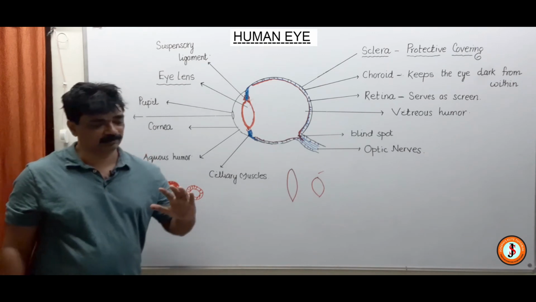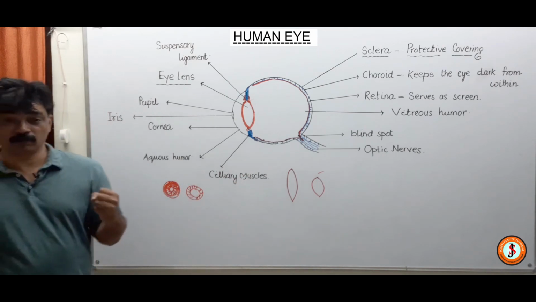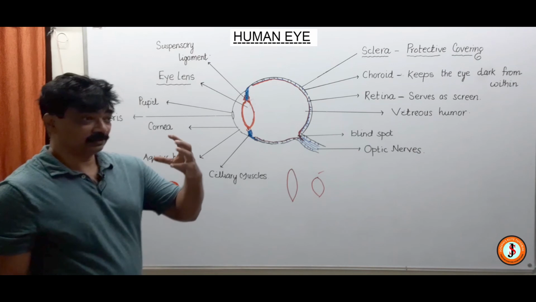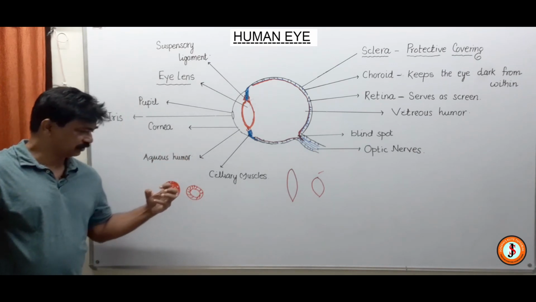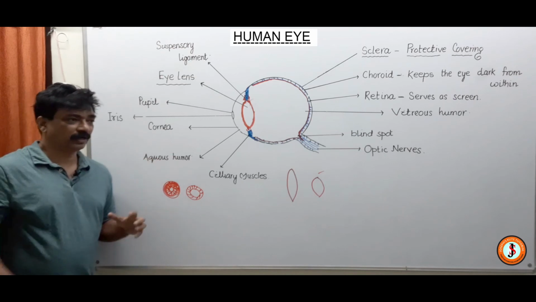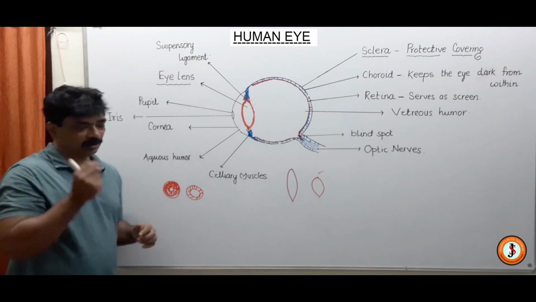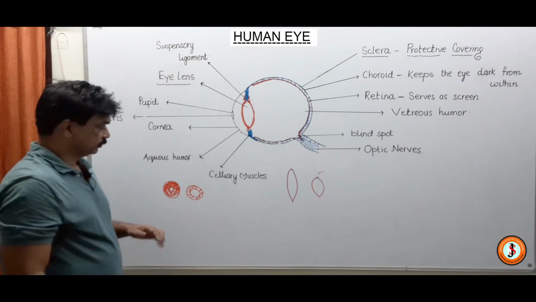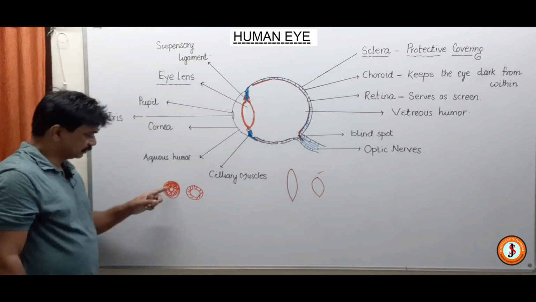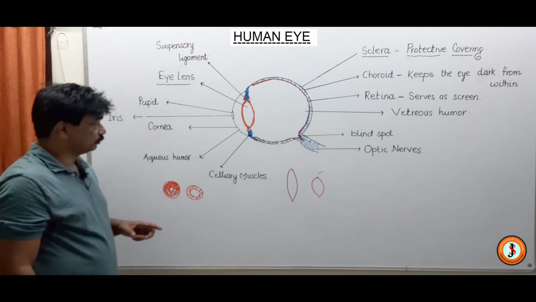If the person dies, the eye doesn't function, and the first thing that stops is the pupil increasing or decreasing its diameter because of the non-functioning of the iris. So the pupil is that hole, and the iris is the part which makes that hole bigger or smaller. This whole colored part is the iris, and the hole inside is the pupil.